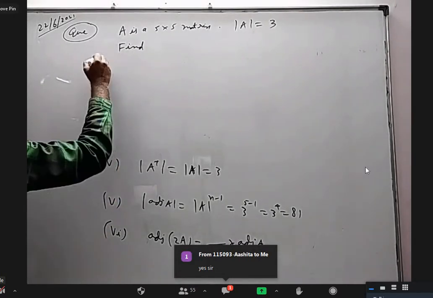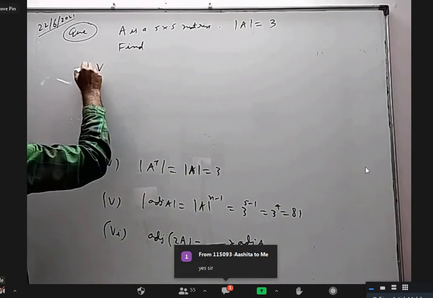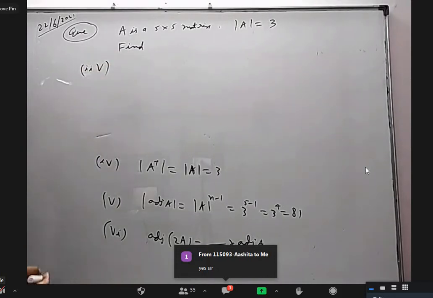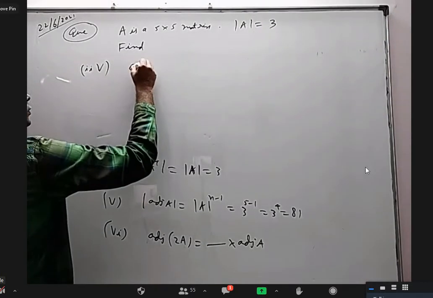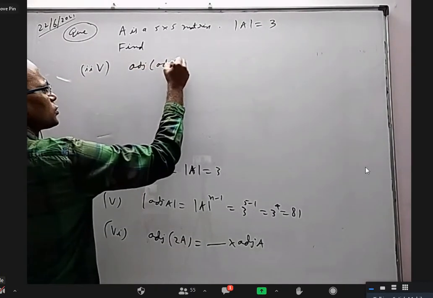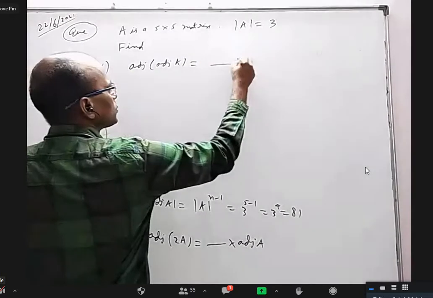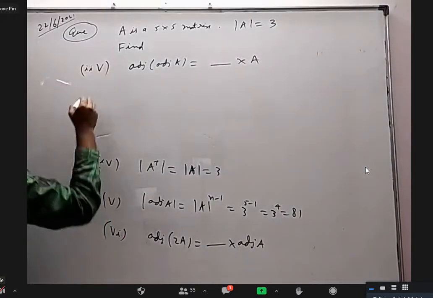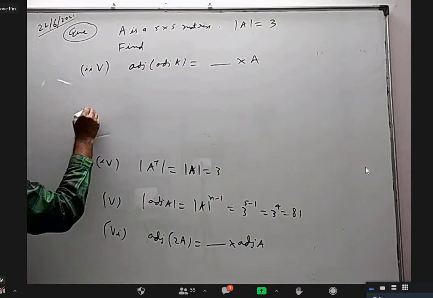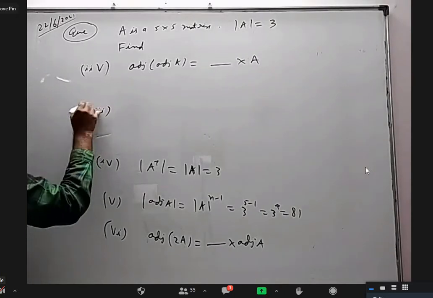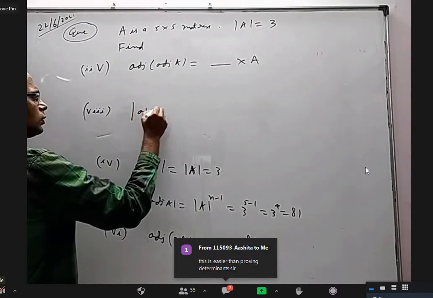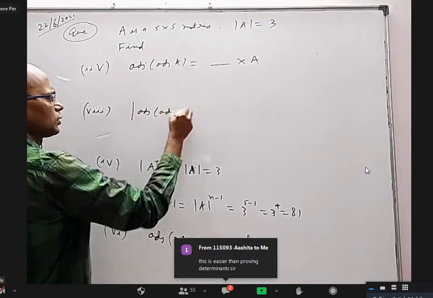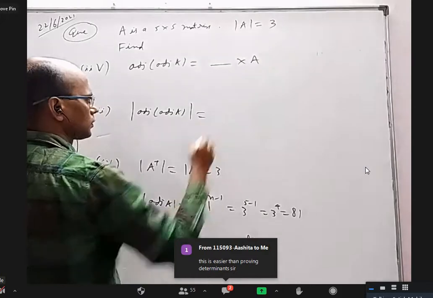This is 6, right? So 7. Adjoint of adjoint A is equal to dash into A. Det of adjoint adjoint A, dash.